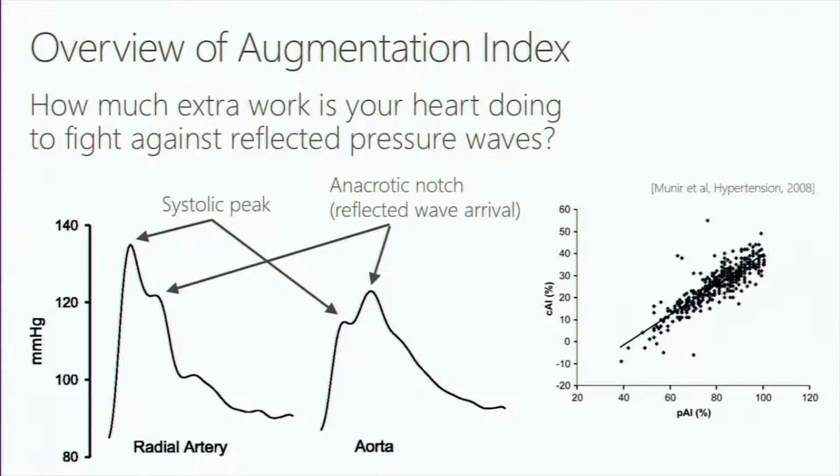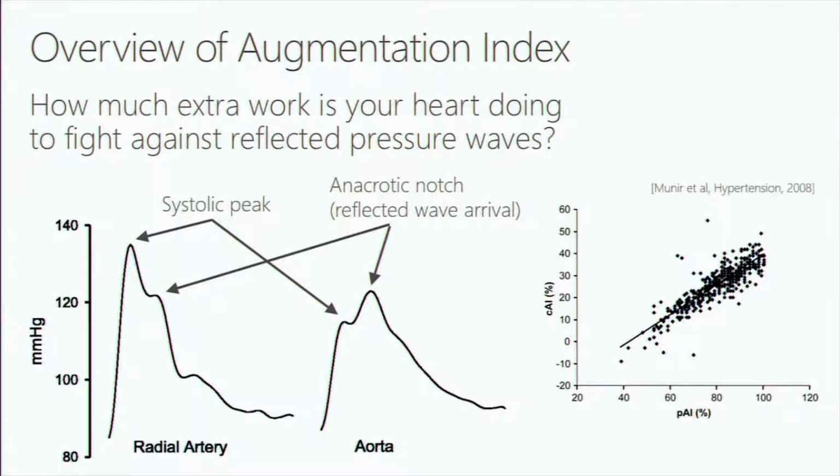The good news is that the peripheral augmentation index, if you look at the peripheral signal, has been shown in prior work to be very well correlated to the central augmentation index. And so again, wonderful that we can measure this at the wrist rather than having to insert catheters or anything like that.